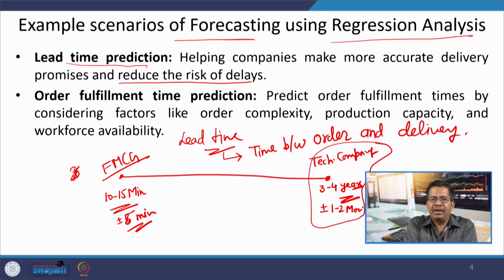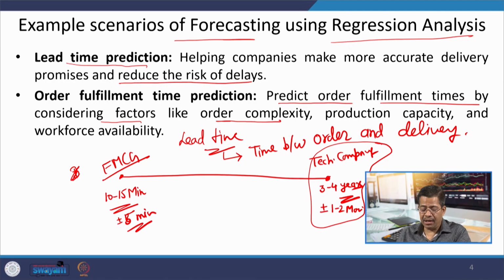Order fulfillment time prediction. You have to predict order fulfillment times by considering factors like order complexity, which can be significantly high in the case of technology products. For example, I have to develop a new type of missile. Now, in that missile, there is a huge amount of technology complexity.